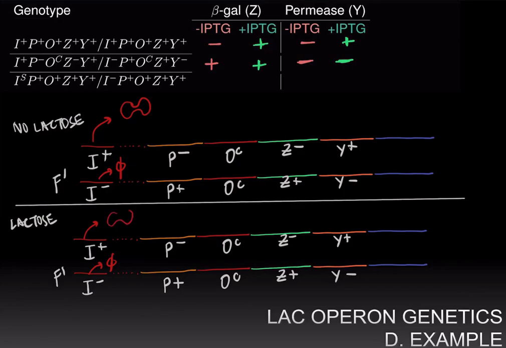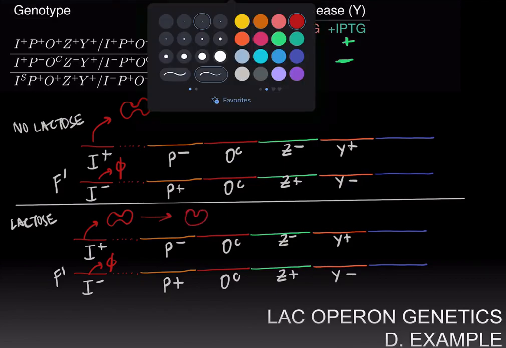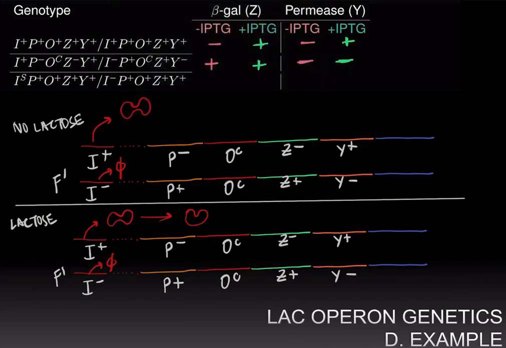However, in the presence of lactose, this repressor is going to undergo an allosteric transition because of the binding of allolactose or IPTG, giving me a repressor that is unable to bind the operator.